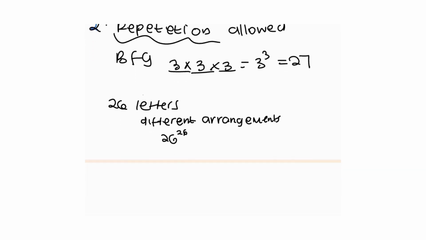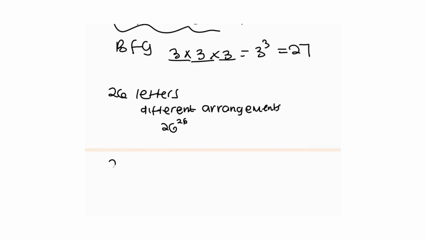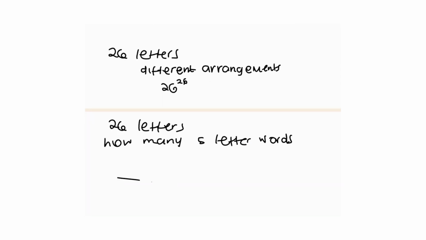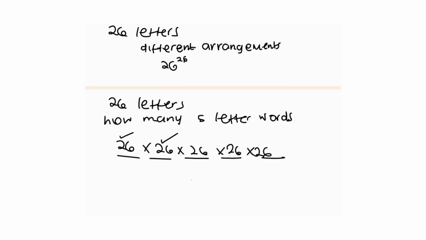And then in a case where you have fewer spaces, let's say we have 26 letters, but we want to see how many 5-letter words. I'm going to say 1, 2, 3, 4, 5. I have 26 there, times 26 times 26 times 26 times 26, because I'm going to choose from 26, but I can still repeat, so I choose from 26 again. This is the same as 26 to the power of 5. Okay, so this is when we do repetition.